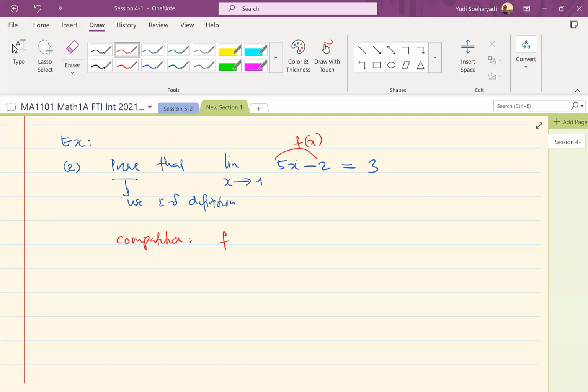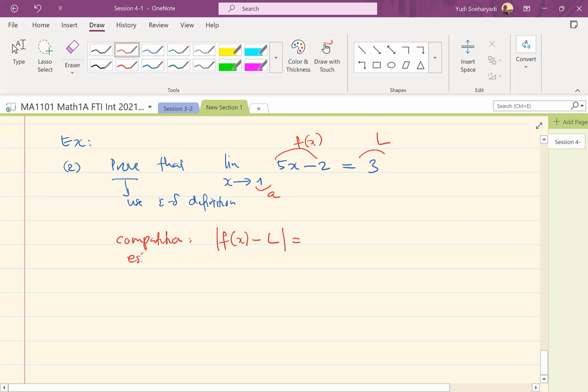Yeah, f of x. So this is our L. This is our a. Okay. So we need to compute this one to estimate. More precisely estimate.